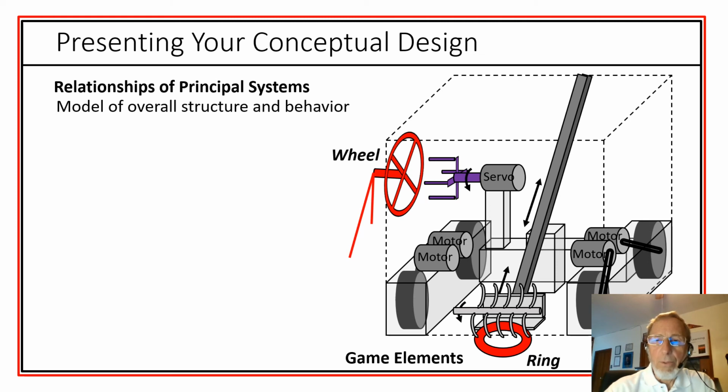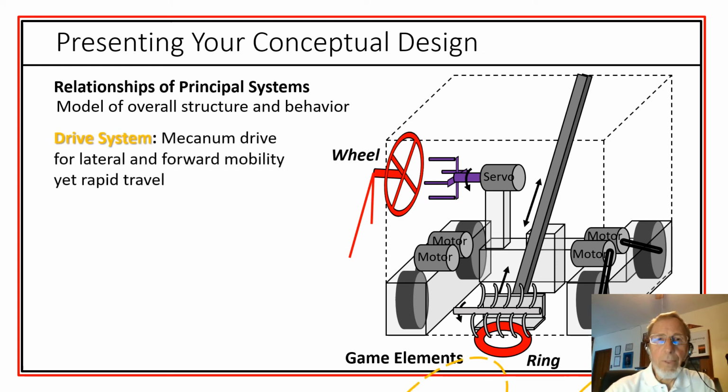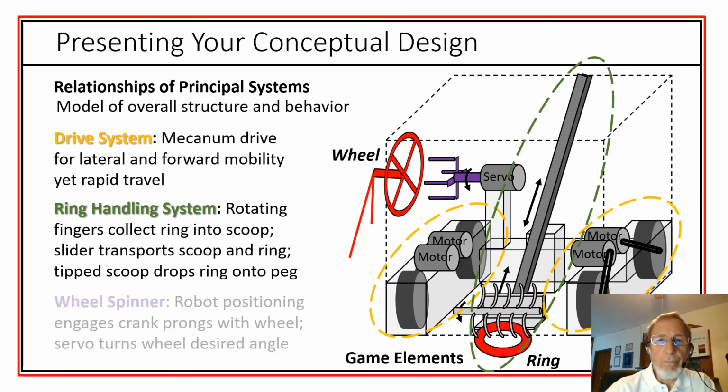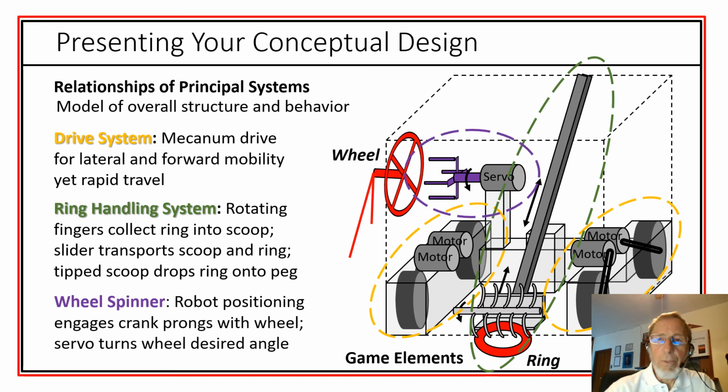We have a sketch showing the major components. We have a drive system, mecanum wheels, mecanum drive in this case, positioned as indicated here. A ring handling system, again with the fingers to collect the slider and so on. And then for this additional scoring, by turning the wheel, we have another servo with prongs to turn a crank and to score in that way.